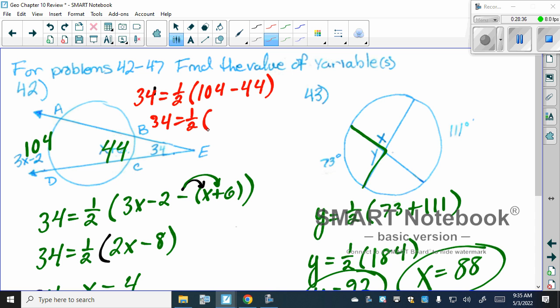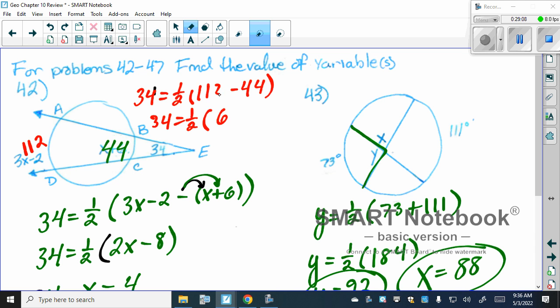Now 104 minus 44 is, let's see here, make sure, 38 times 3. Let me just make sure, 38 minus 2. It's 38, isn't it? Yep, 38 times 3 minus 2 should give us 112.